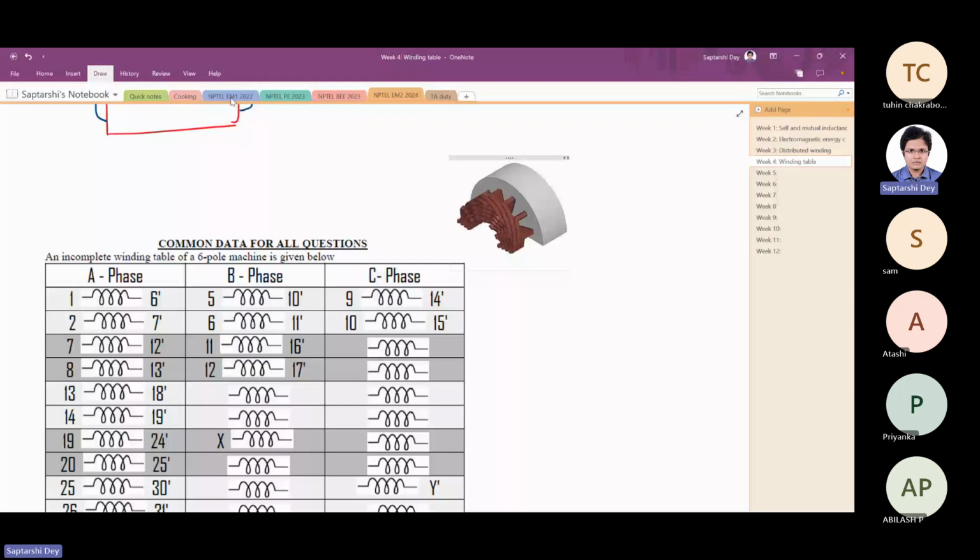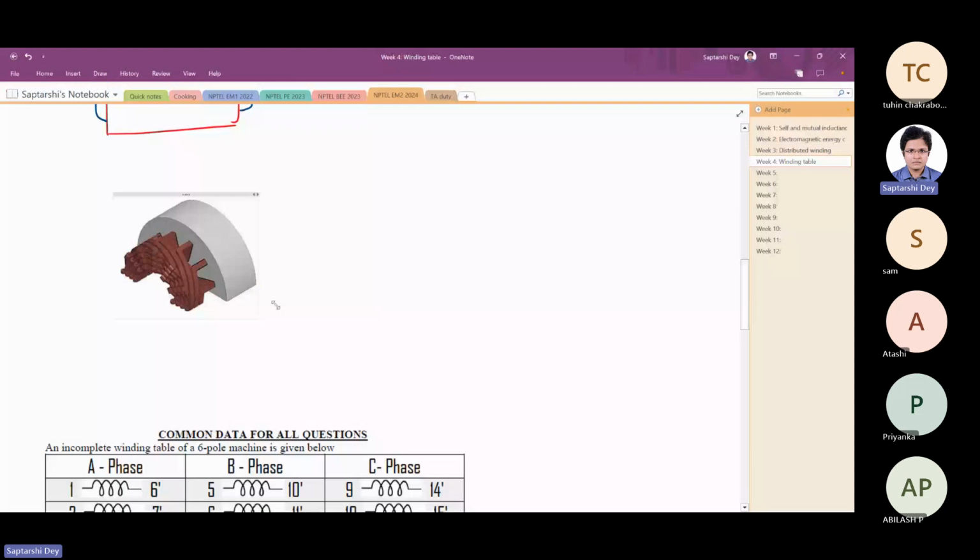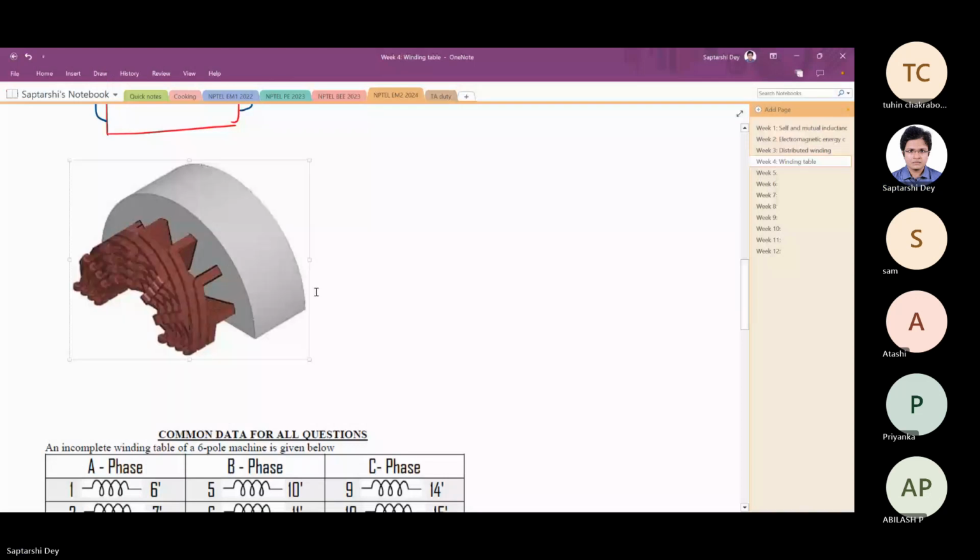Not an actual winding. It got blurred. So you see, they are coming up and going in like this. Keep seeing the photo. Let me find some good one. Several photos are here, but not any one of them.